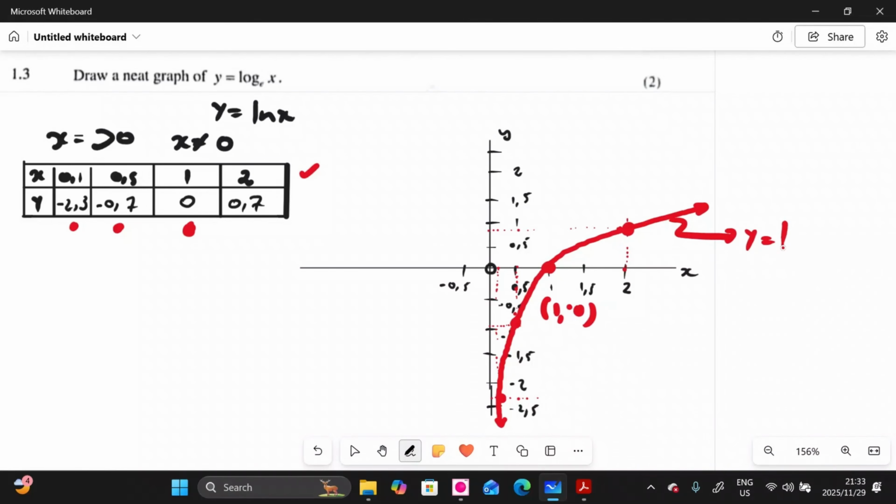Another thing you must not forget is to label the graph. So this graph is y equals log base e of x, or you can write it as y equals ln x. One of the two is okay. This table is not necessary if you know how to draw the graph. If you don't, rather use the table.